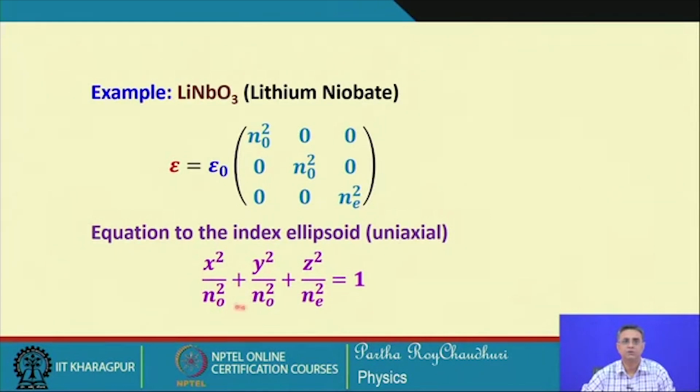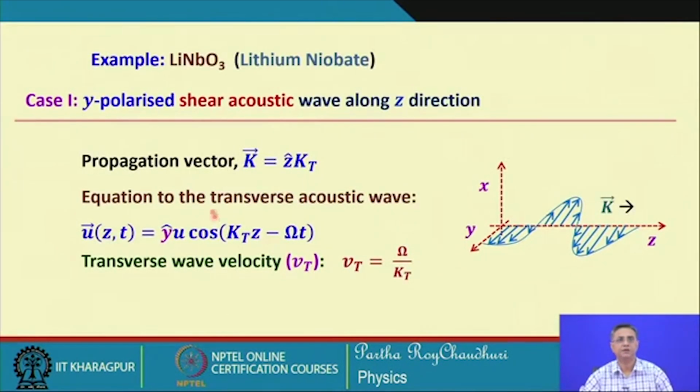So, the equation of the index ellipsoid of this uniaxial lithium niobate medium will be given by this equation, where these are the refractive indices under the principal axis system.